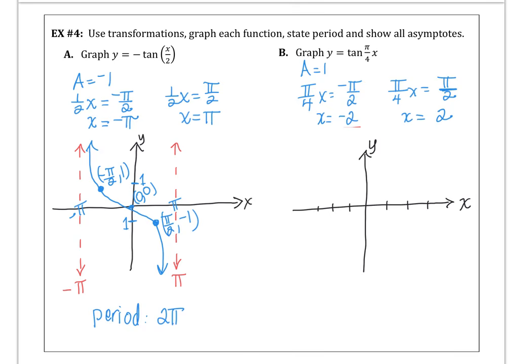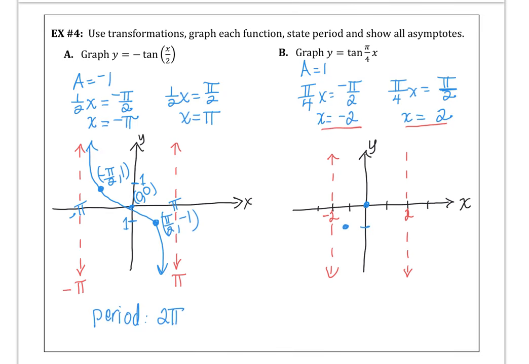We have a vertical asymptote at negative 2. That's our first key point for here. We have a vertical asymptote at positive 2. This is 2 and negative 2. Then halfway in between is an intercept. Halfway between the first asymptote and the intercept, we have a low point at negative 1.